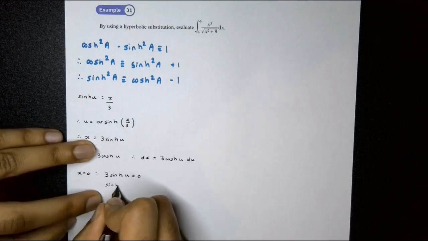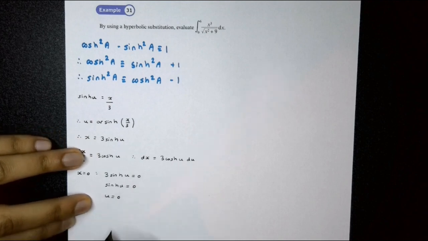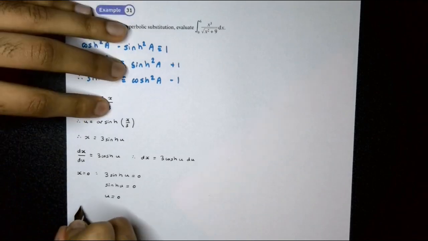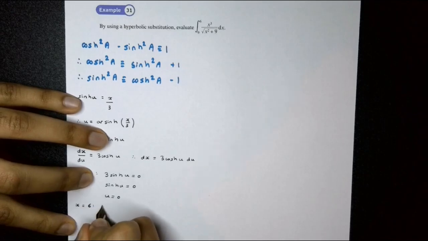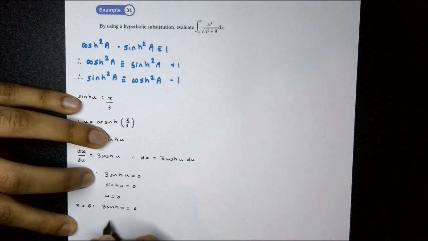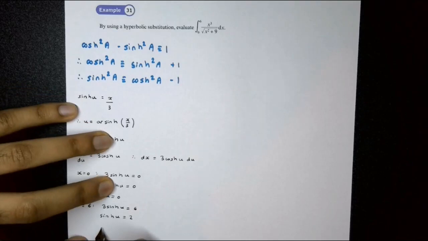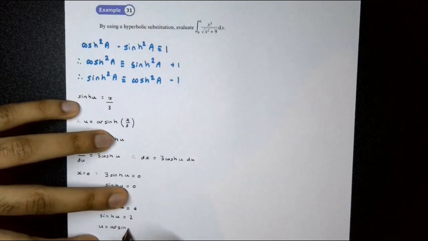Hyperbolic sine of u is equal to 0. U is therefore equal to 0. And if we have x equaling 6 for our upper limit, we've got 3 times by hyperbolic sine of u equaling 6. Hyperbolic sine of u is equal to 2, so therefore u is equal to the inverse hyperbolic sine of 2.